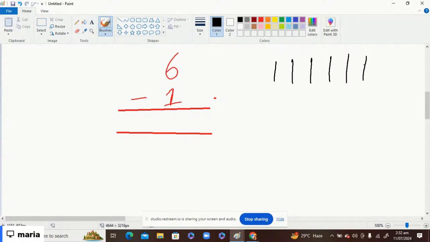Now, what's next? You're going to subtract one line from here. So let me just remove one line. How many lines are left? Just count it. One, two, three, 4, and 5. So 5 is your answer.